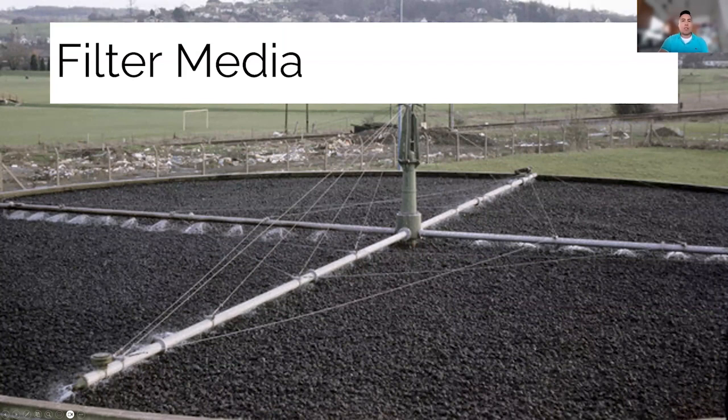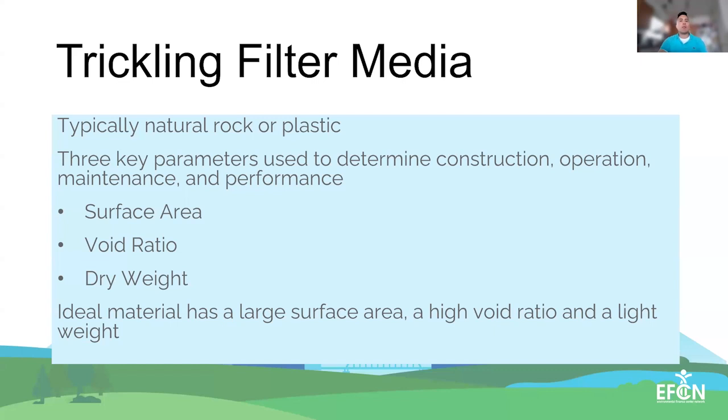So after the distribution system, let's go ahead and talk about the trickling filter media. Trickling filter media can either be natural rock or plastic. The original media was typically rock. And there are three key parameters that are used to determine the construction, operation, maintenance, and performance of the media.